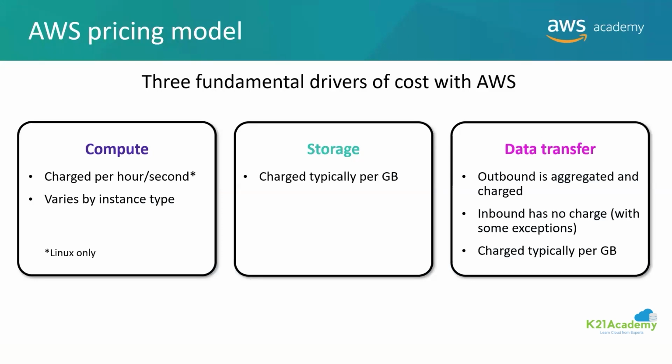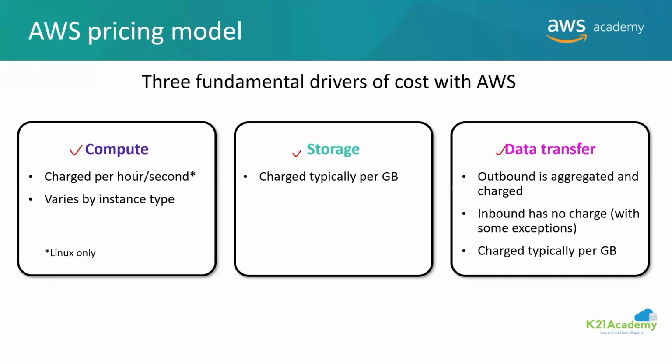There are mainly three fundamental drivers of cost with AWS, right? One is compute, second is storage, and third is data transfer. These characteristics vary somewhat, depending on the AWS product and the AWS pricing model you choose.